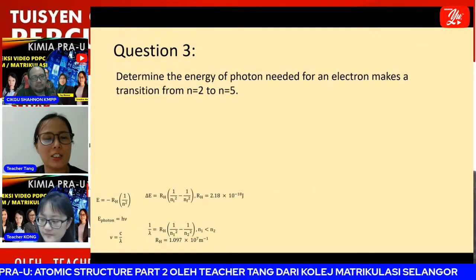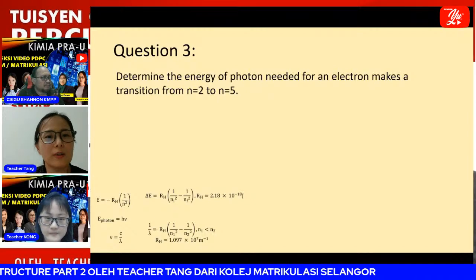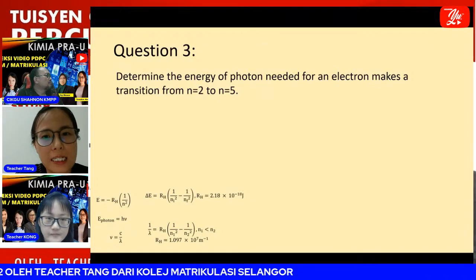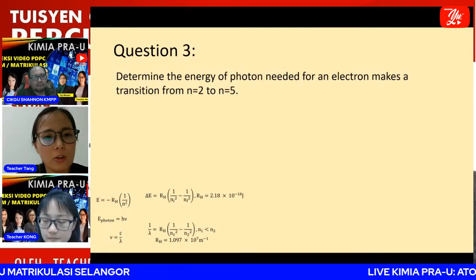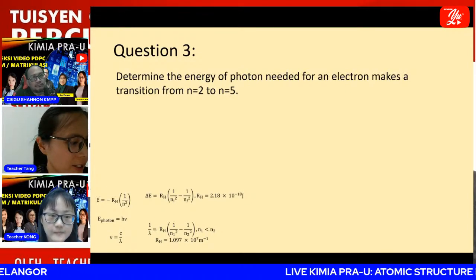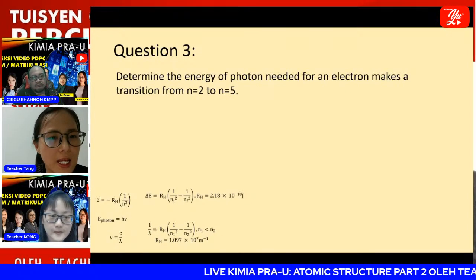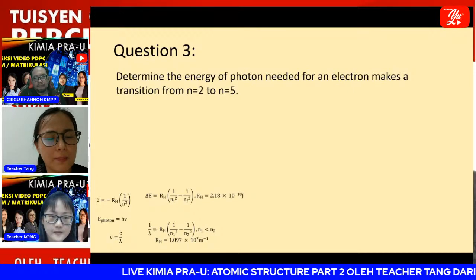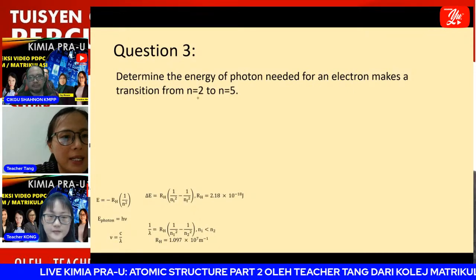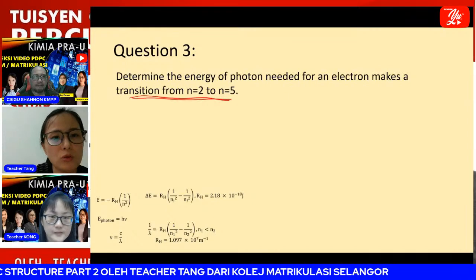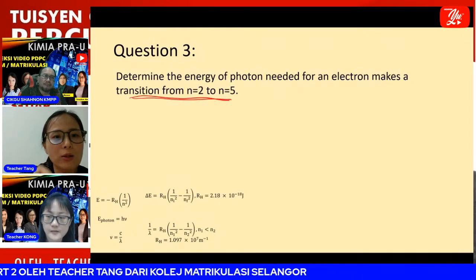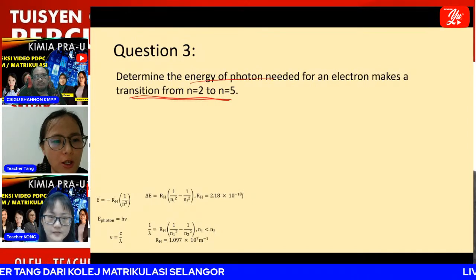So shall we move on to look at the next question? Now we want to determine the energy of the photon needed for an electron to make the transition from n equals 2 to n equals 5. Again, first list out what is being given to you: the electron transition between energy level n equals 2 to n equals 5, and you want to find the energy of the photon.